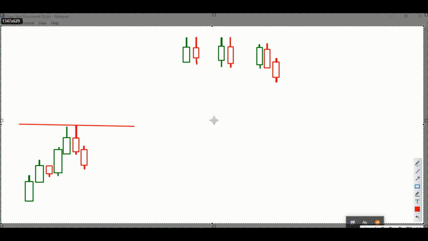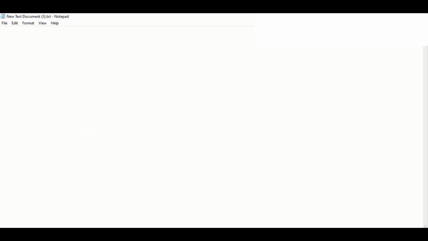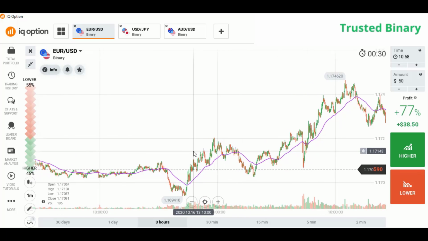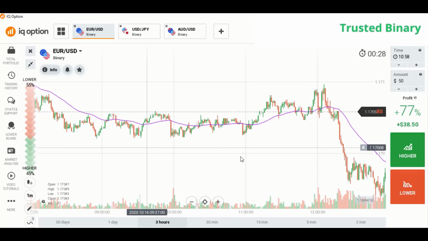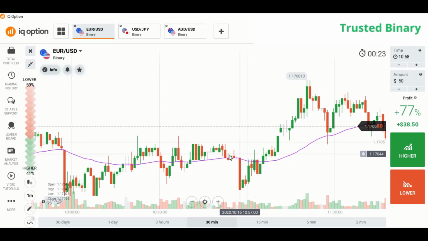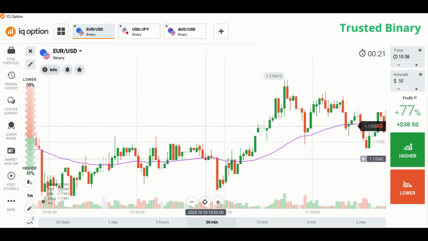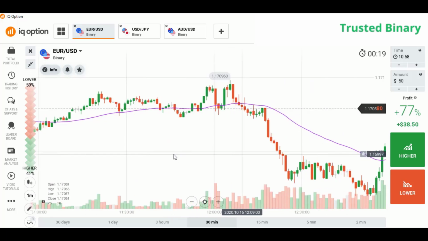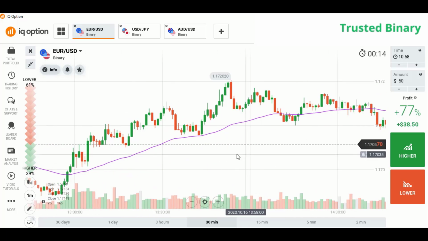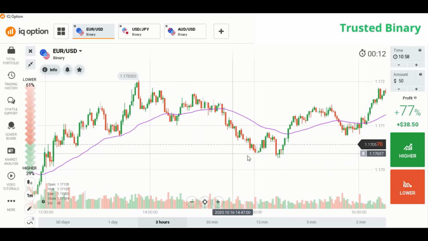So this is the EUR/USD pair, and we have to search for this type of pattern. I am searching here for this type of pattern.